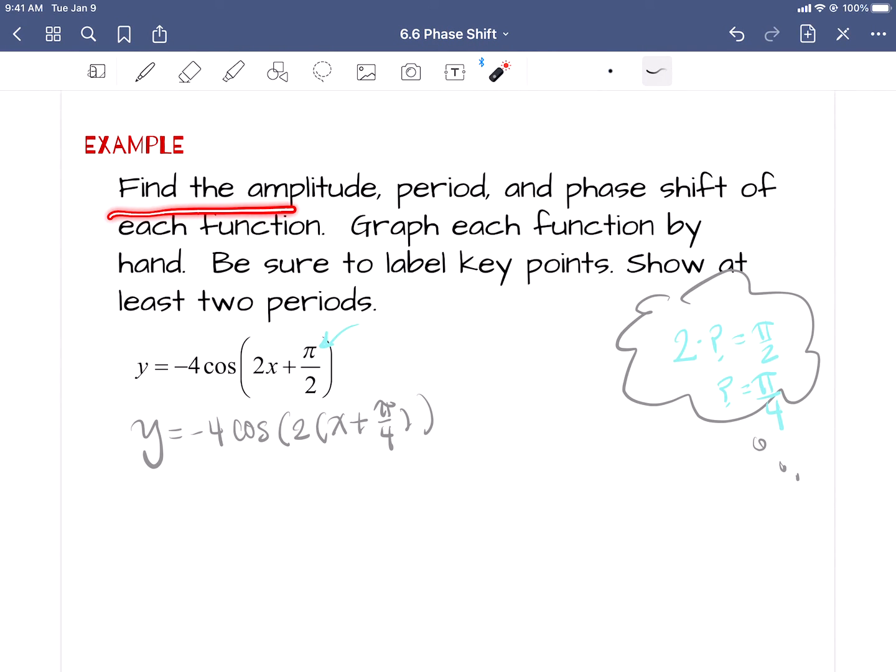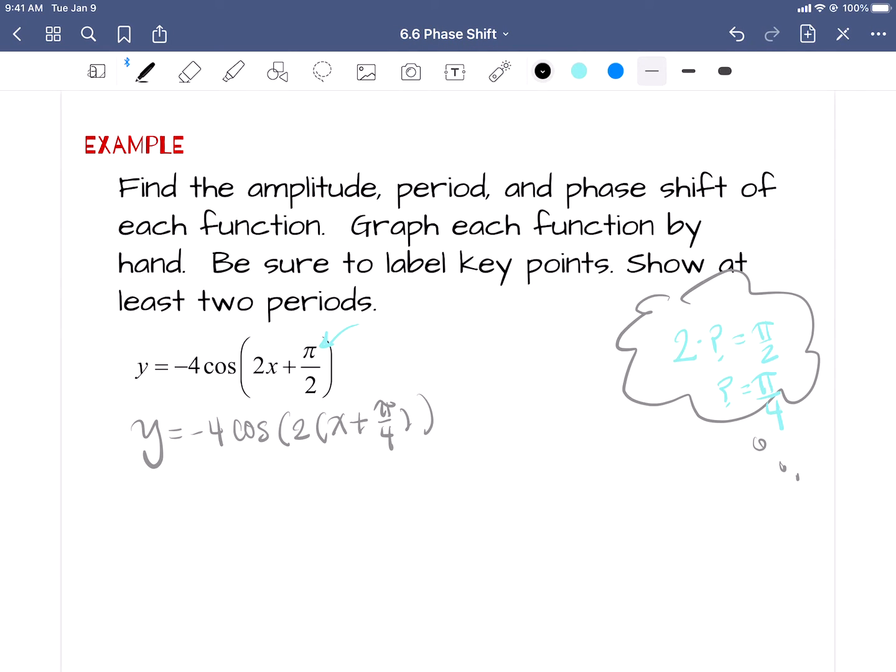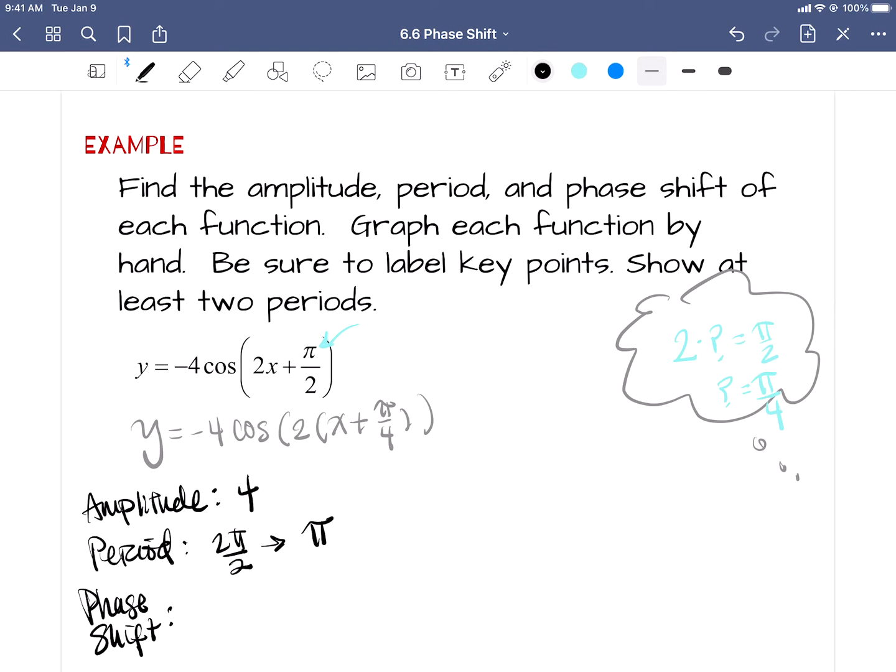So it's asking you to find the amplitude, period, and phase shift. So you can answer that question right now, but you are also graphing it. So the amplitude is just 4. It's positive 4. The period is 2 pi divided by 2, so it's just pi. And then the phase shift is pi over 4 to the left.